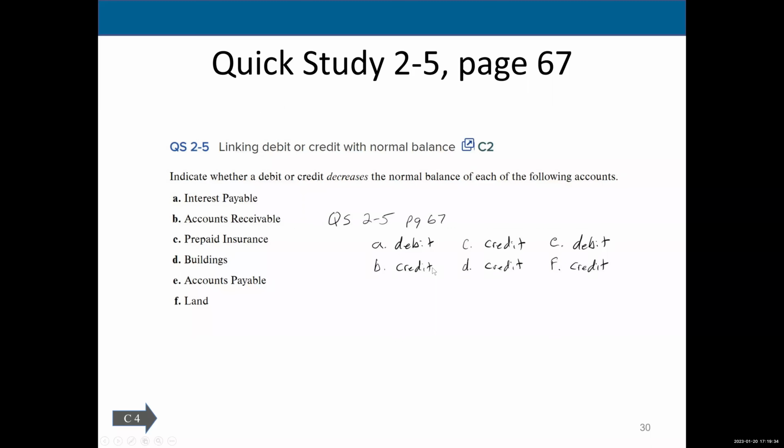If you increase an asset with a debit, you decrease it with a credit. Let's do prepaid insurance. When you hear the word prepaid, you know it's an asset. Well, you increase an asset with a debit. So you would decrease the asset with a credit.